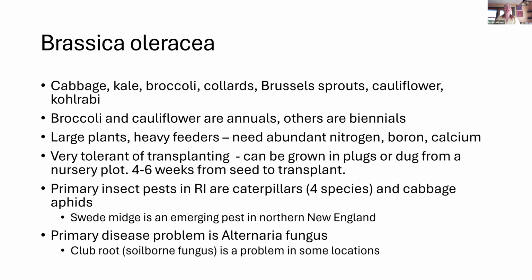Brassica oleracea is very tolerant of transplanting. Not only can these be grown in plugs, but they can actually be seeded into a nursery plot and then dug and bare root transplanted.